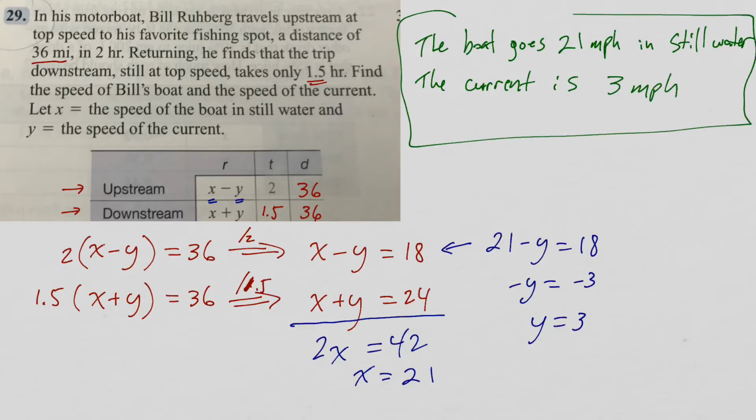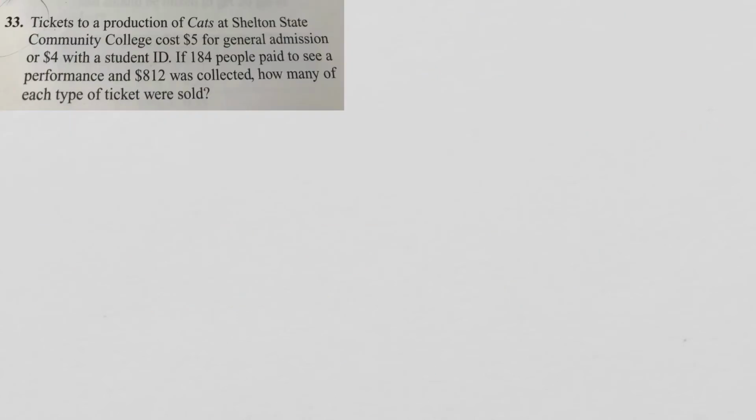And there's the solution. Okay, step 1 is the right-hand side of the heading, and we look, the question is asking how many of each type of ticket is sold. And there are general admission tickets and there's student ID tickets. So let's start there.